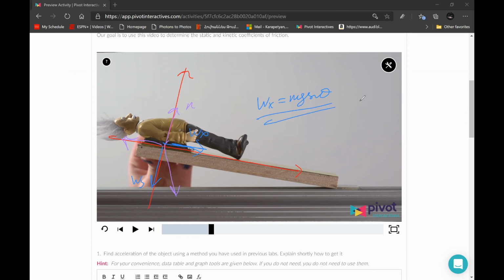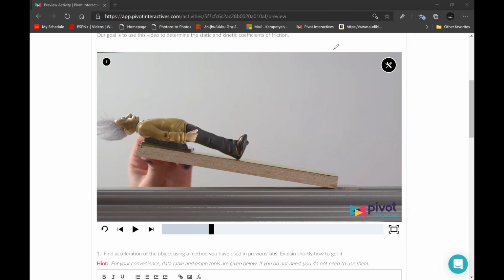That means as we increase the angle, the x component becomes stronger and stronger, until at some point we reach a critical angle beyond which the object starts sliding down, because static friction cannot go beyond some maximum value, and gravity wins.